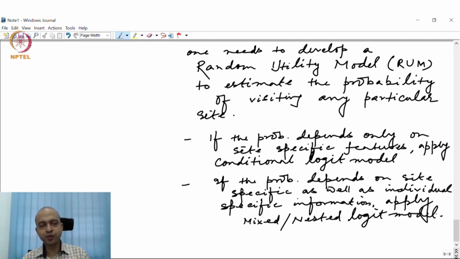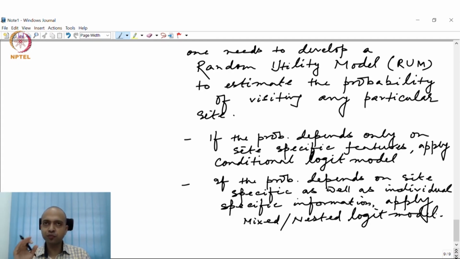If they are visiting multiple sites, not only a particular site, then we need to develop a model called the random utility model. When competing sites are available with their own features, what is the probability that the individual will visit a particular site? That can be estimated using a multinomial regression model, which is of two types.